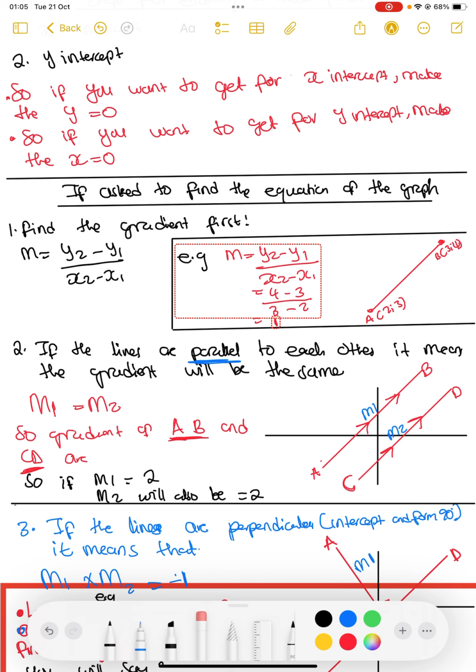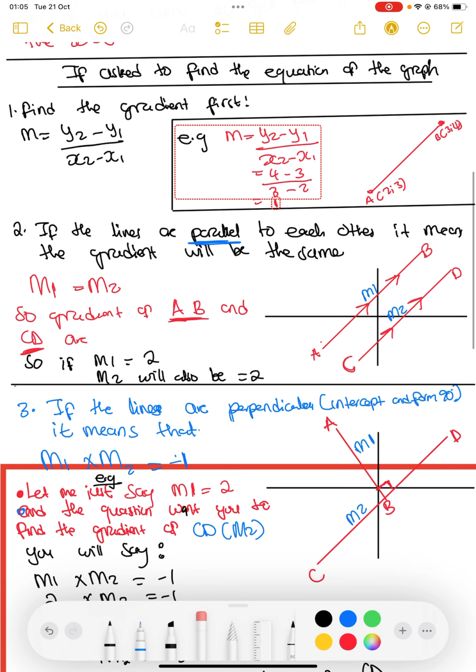So to determine the equation, if you had the gradient m1 equal to 2, you'll use the same gradient for CD, but to find the formula you'll use the coordinates for CD. Okay.